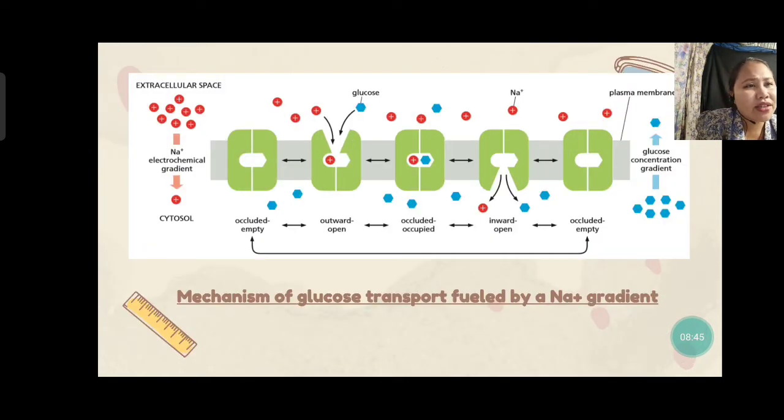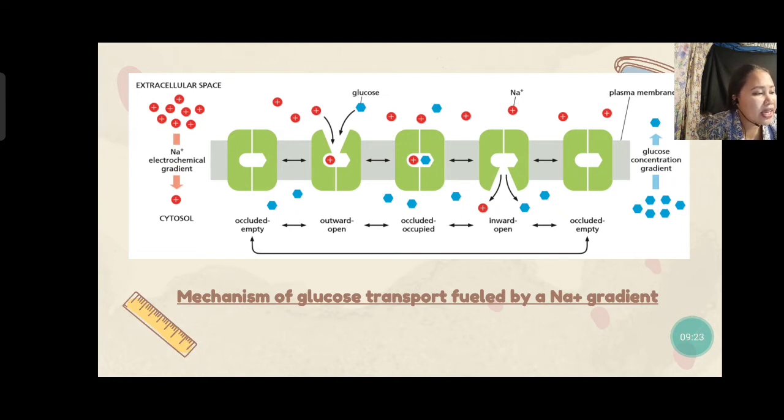So this image is the mechanism of glucose transport fueled by the sodium ion gradient. In this figure, the transporter alternates between inward open and outward open states via an occluded intermediate state.